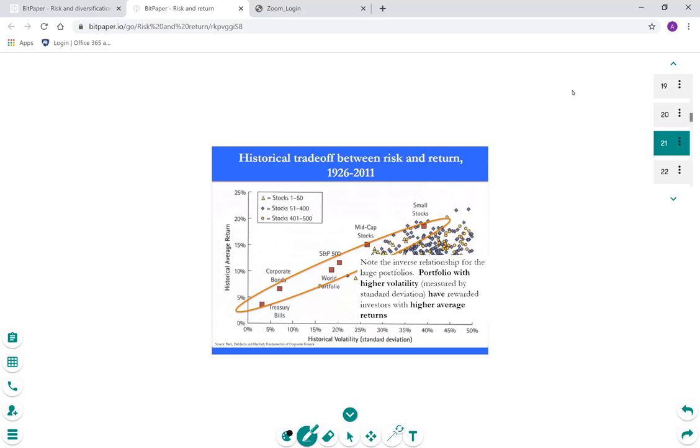For very safe assets like treasury bills or corporate bonds, the required return that investors are going to expect is not going to be as much as what they will expect if the returns are very risky. This is just a demonstration of the classic risk-return trade-off, where if you're going to be asked to hold something that's risky, you're going to require something in return, which is a higher average return.